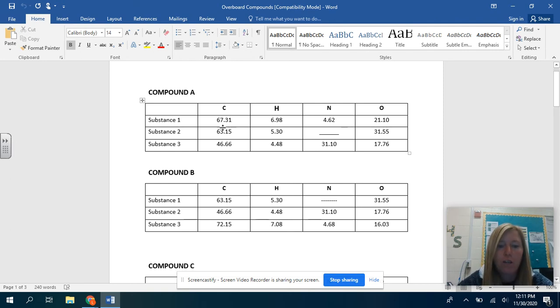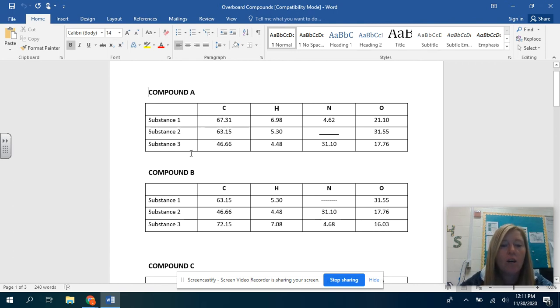On Thursday, I will want you to actually do these calculations, and you will need to show me all of your work. Whether you write it down with a pencil and take a picture of it and email it to me, or if you prefer to type it, however you want to do it, I've got to see the work involved in finding the identity of these 3 substances. So make sure you do that. That's your assignment for Thursday.